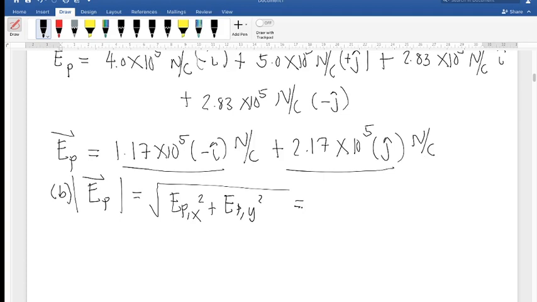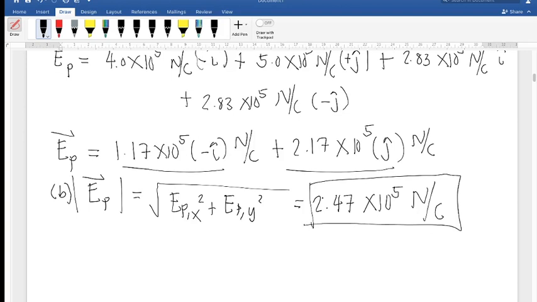We have here 1.17, then we add that to the other, square root of the answer. That is your magnitude: approximately 2.47 times 10 raised to 5 Newton per coulomb. This is your magnitude. Let me check if I am right. Yeah, that is approximately 2.47.